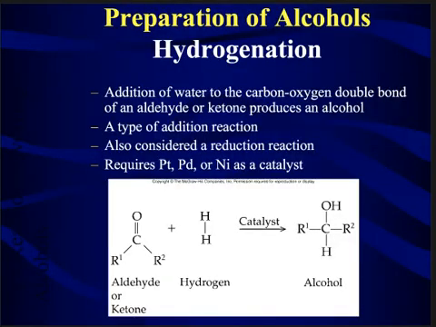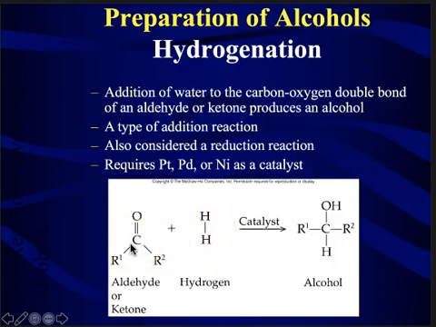I know I said that was the last thing we're going to do today, but I forgot about the hydrogenation to prepare alcohols. So this is the addition of hydrogen across the carbon-oxygen double bond. Just like we had just done with the carbon-carbon double bond, this is a carbon-oxygen bond that we're going to add across. So we can take an aldehyde or ketone and actually add hydrogen across this bond as well.